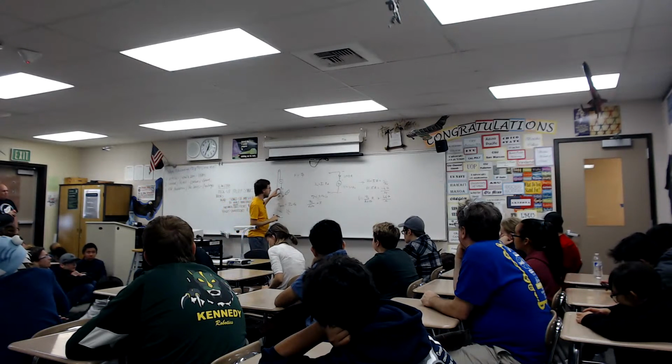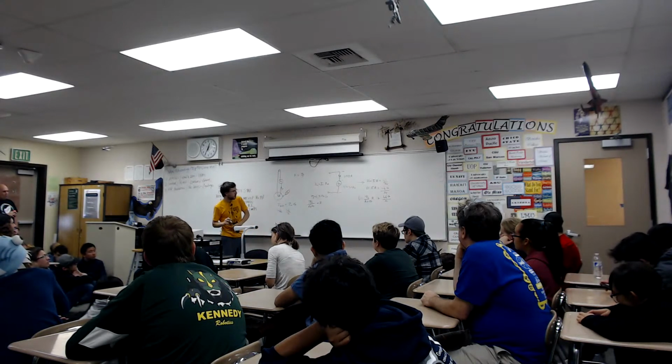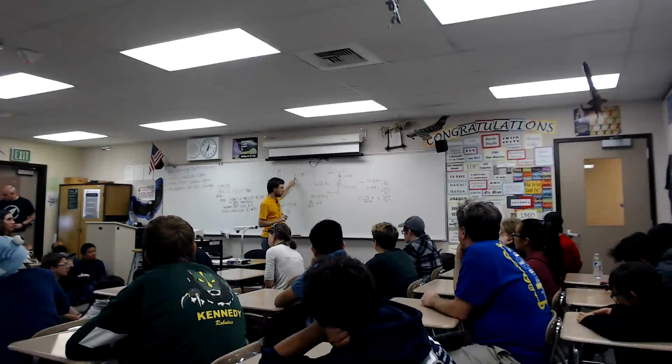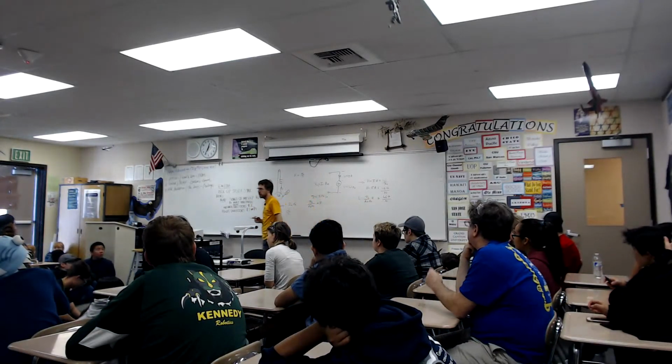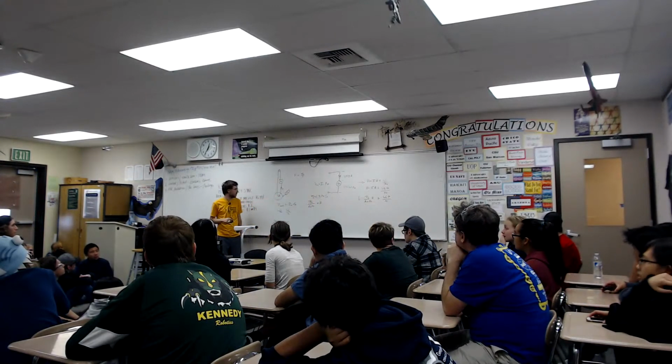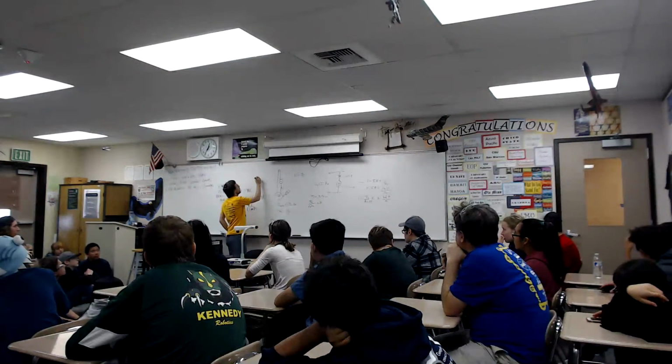And then the other one we need, so that gets us in terms of a force. And then we need to get this angular velocity in terms of a distance, or a linear velocity.